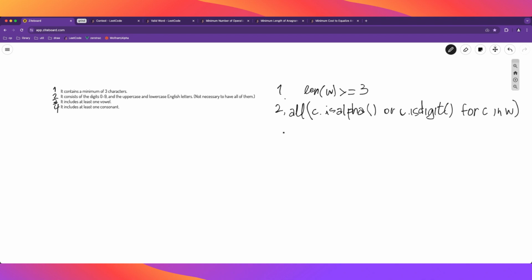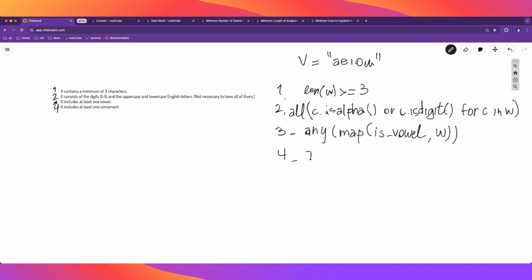Then we have condition 3, which let's say we have the vowels here. And we want any in this case, and we want to map is vowel to the characters of word.